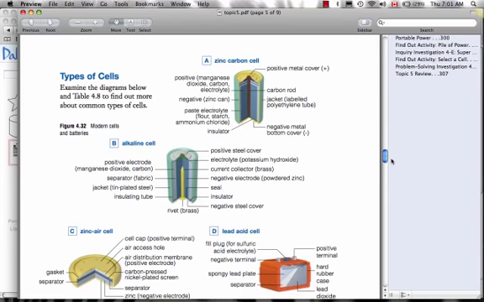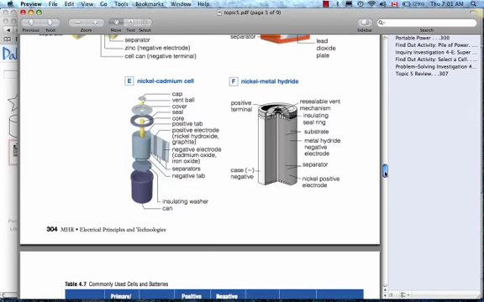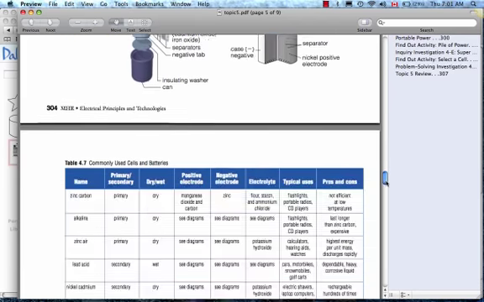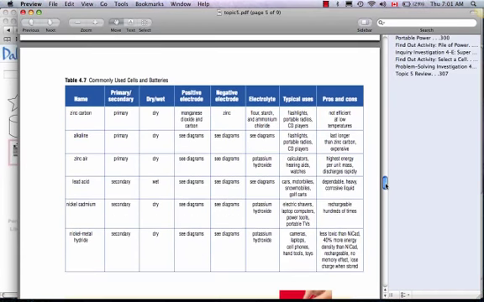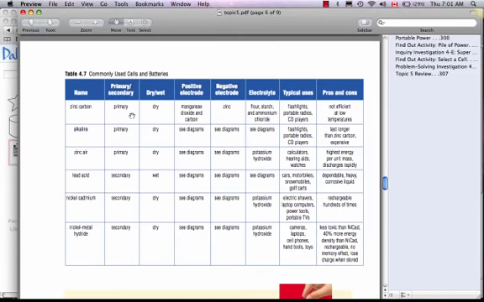So here are some different types of cells. So three primary cells: alkaline batteries, zinc carbon, and so on.